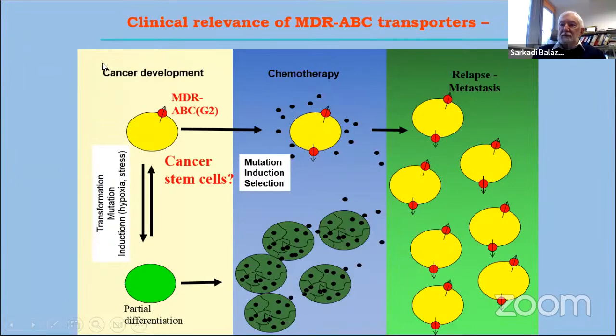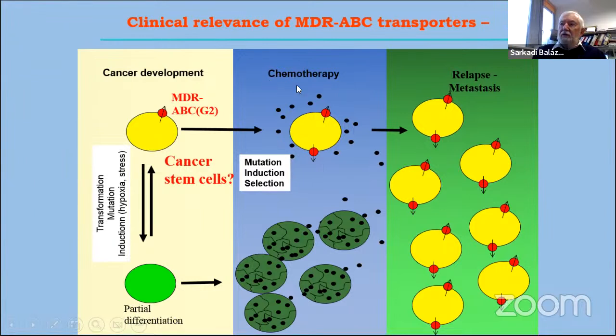So during cancer development, whether it comes from stem cells or already differentiated cells, some of the cancer cells, we can call them cancer stem cells, have expression, relatively high-level expression of these MDR proteins, especially ABCG2. And during transformation, mutation, induction, they undergo partial differentiation and they lose this transporter expression.